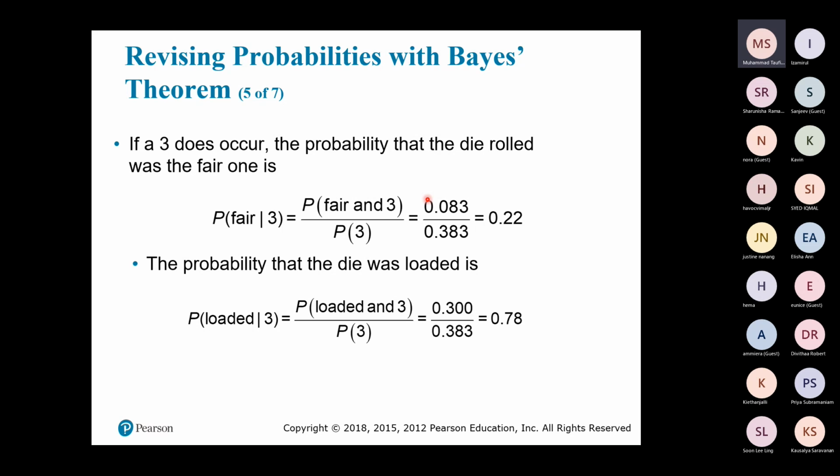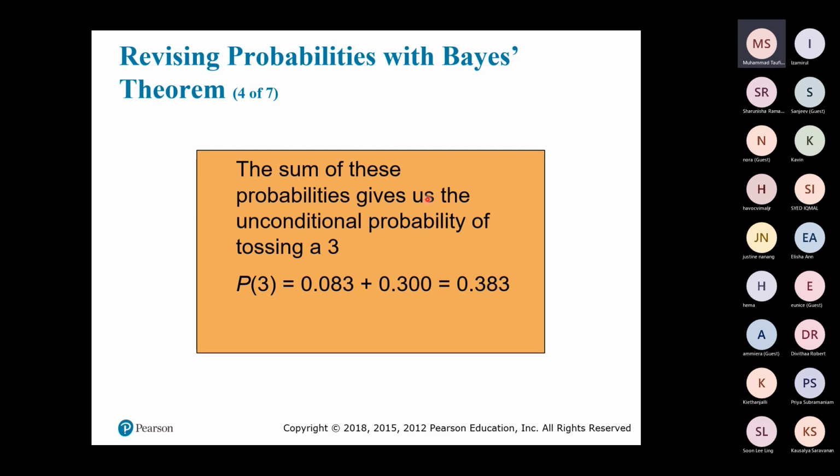Kemungkinan untuk kita pilih dadu yang normal dan kita baling dapat nombor 3 adalah 0.083 yang kita dah kira sebelum ni. Kemudian kita bahagikan dengan kemungkinan yang kita dapat nombor 3 daripada dadu yang normal dan juga dadu yang kita dah modify.